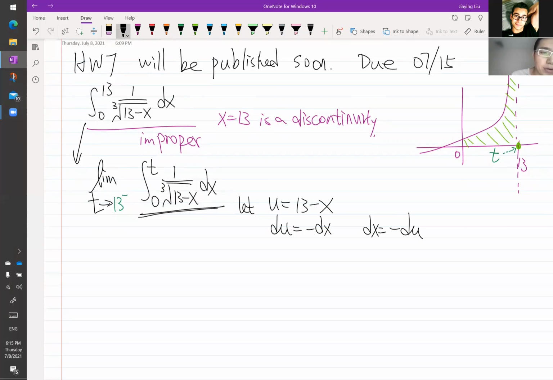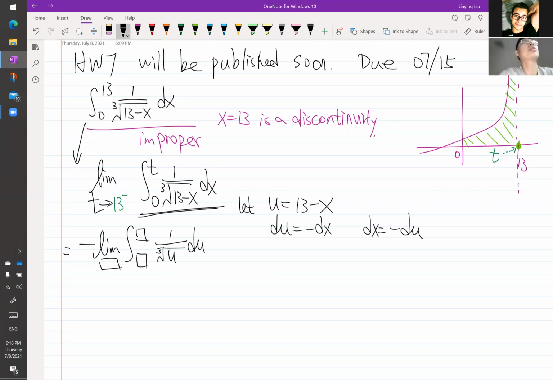Substitute into the integral. I'm just going to write limit integral, but remember that there's a few parts that I'm not writing out. So that's 1 over cube root of u. dx is negative du. So I'm going to put a negative all the way in front. It doesn't really matter where you put the negative. So, okay. That's the first step.